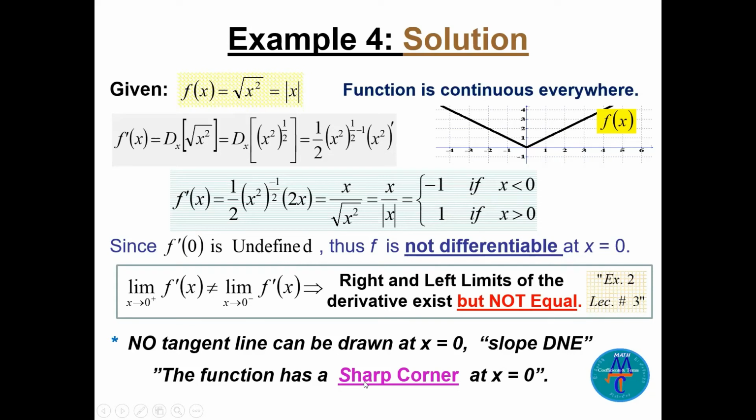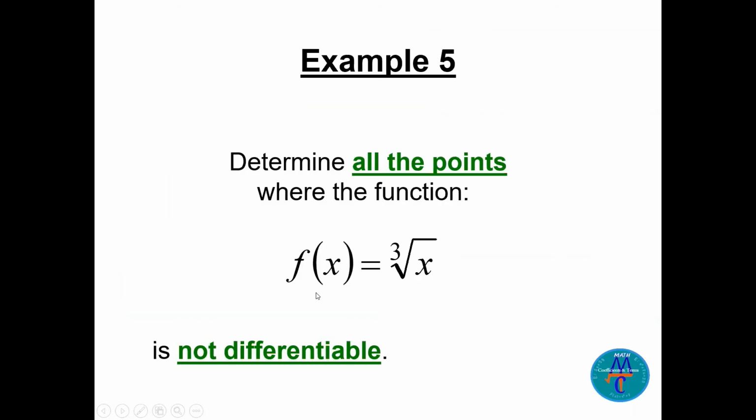That's why we call it a sharp corner. We cannot draw a tangent line at the sharp corner. So no tangent line here. So it is not differentiable, and we cannot draw a tangent line, but we call it a sharp corner. Why do we call it a sharp corner? The right and left limits of the derivative exist, but are not equal.